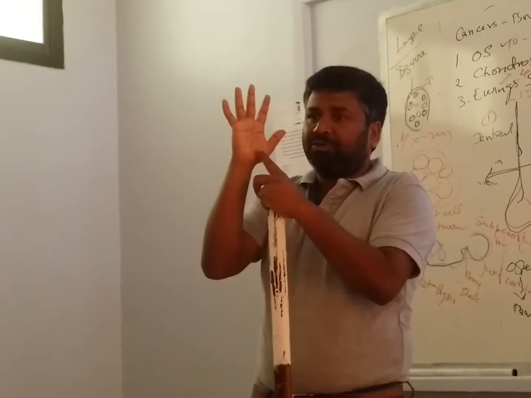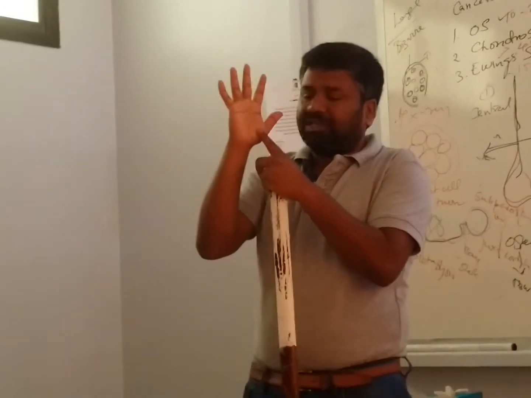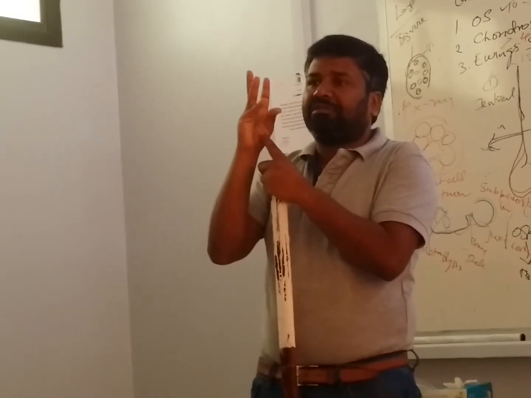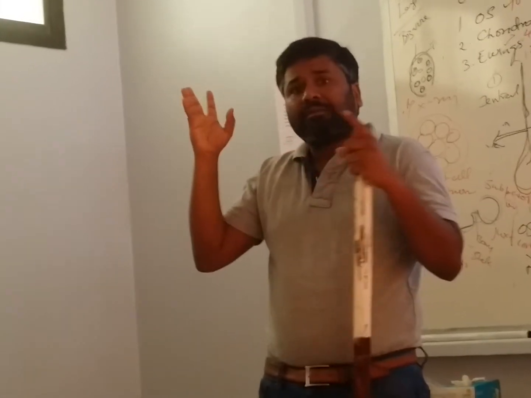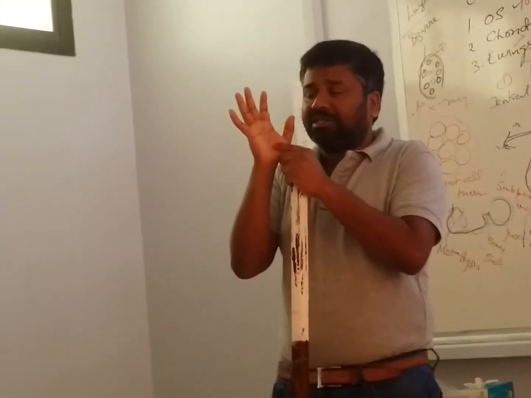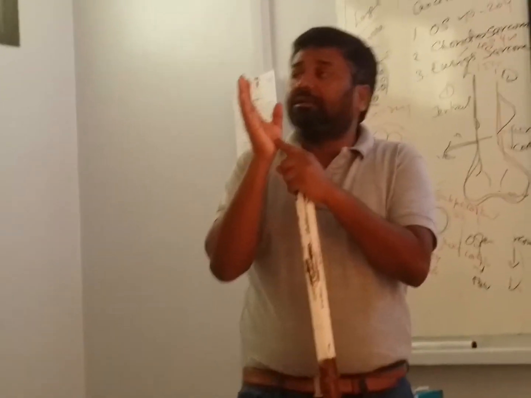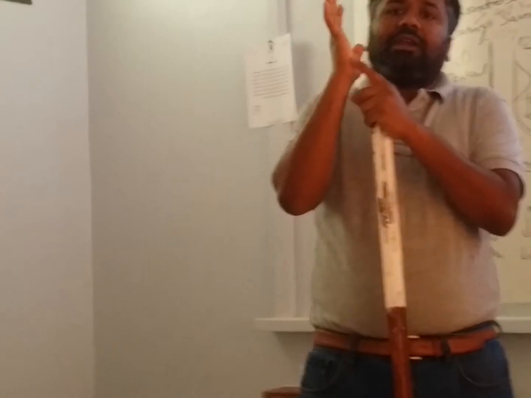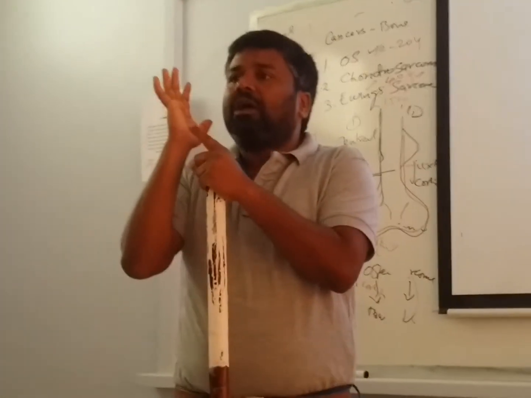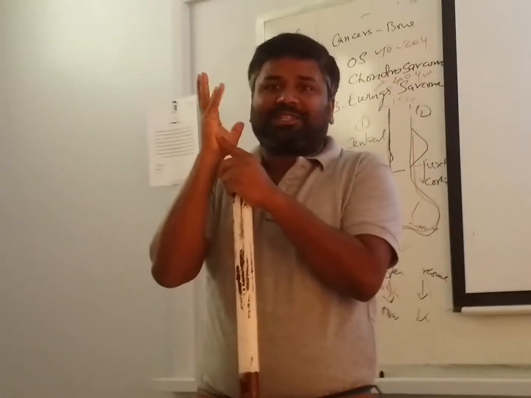These eminences are due to the muscles present in this area, which are responsible for the movement of the thumb and little finger respectively. So in the thenar eminence there are muscles which are helpful in the movement of the thumb, and in the hypothenar eminence there are muscles responsible for the movement of the little finger.